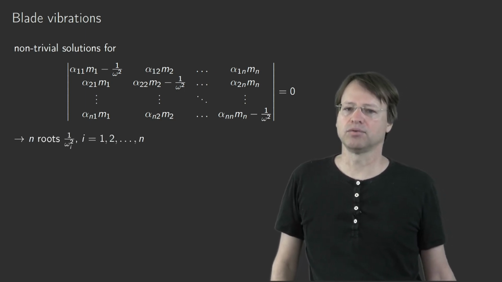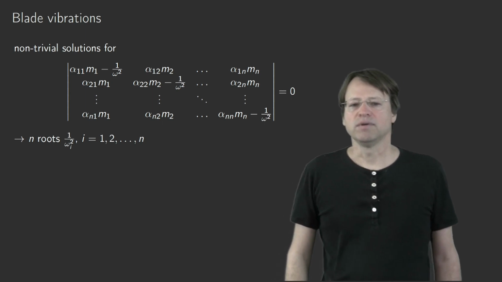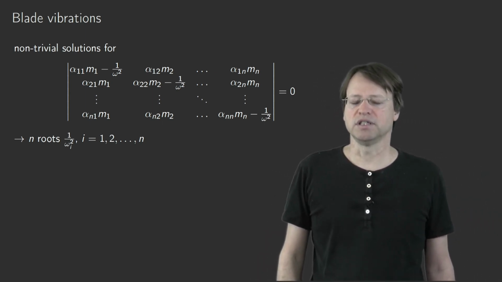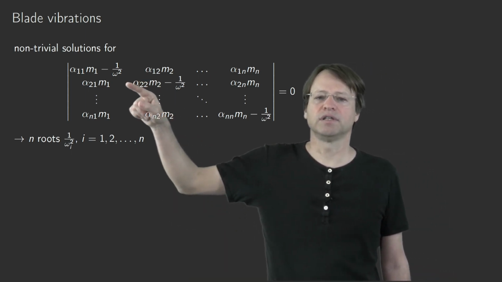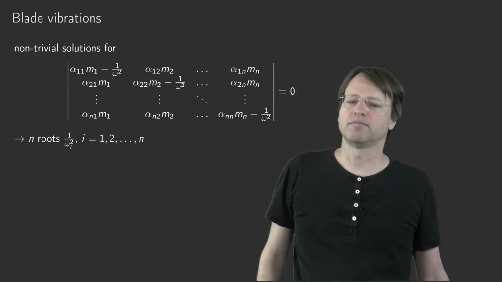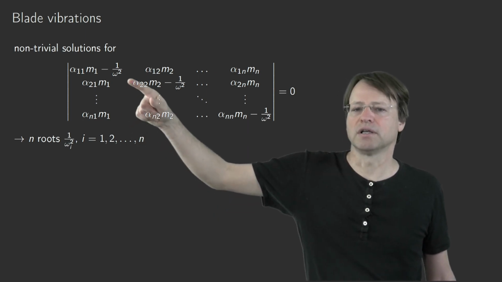So we need the n roots, which are 1 divided by omega I squared, and we know that the trace of that matrix is equal to the sum of the eigenvalues. Now the eigenvalues are written here by that 1 divided by omega squared. That appears perhaps a little bit strange. You would write a lambda there, yeah?